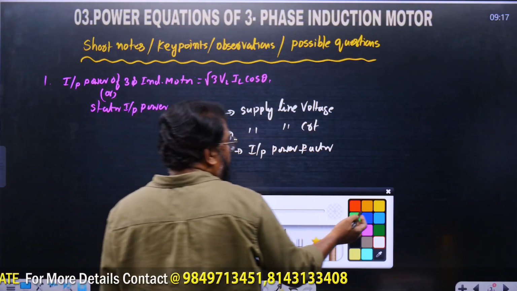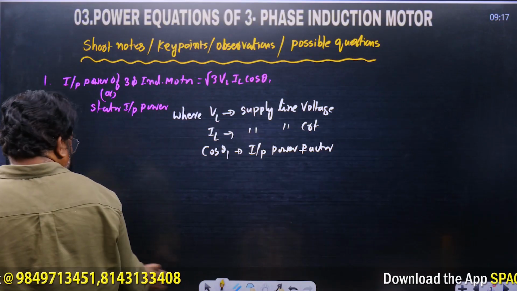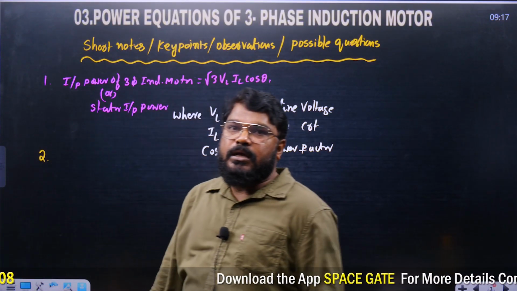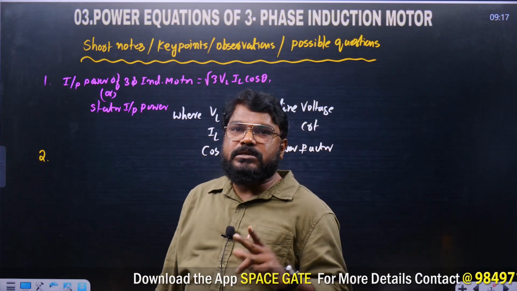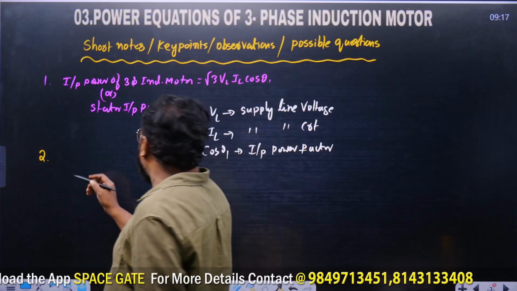Next, how do we find the stator losses? There are two types of stator losses: stator copper losses and stator iron losses.